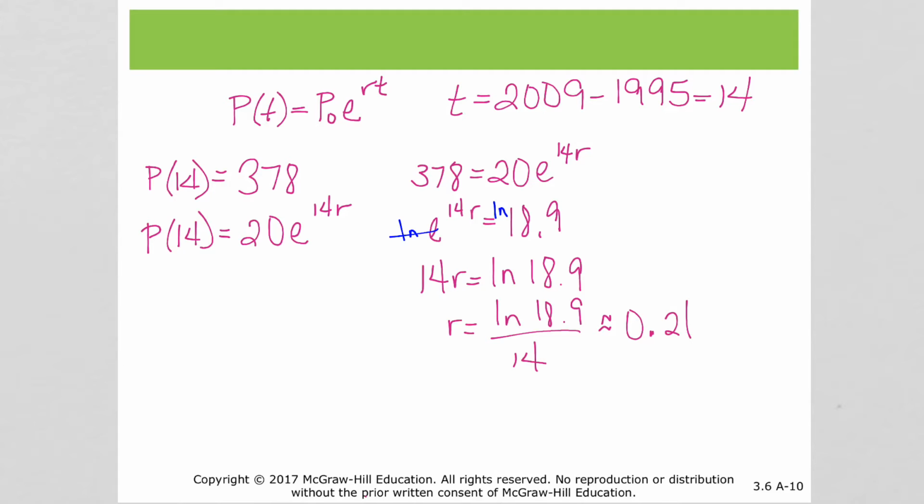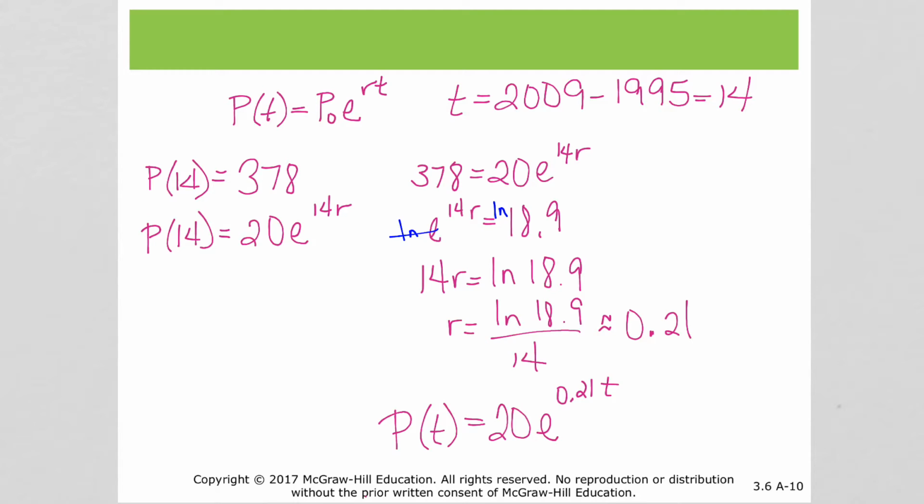So that means, in general, a formula would look like this. P of t equals our initial amount times e to the r, which we found to be 0.21, times t. So that way, now we have a formula that we can use to find the amount of pythons that should be in the area, in the Florida Everglades, at any point in the future.